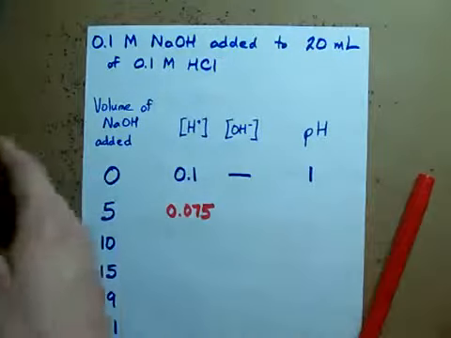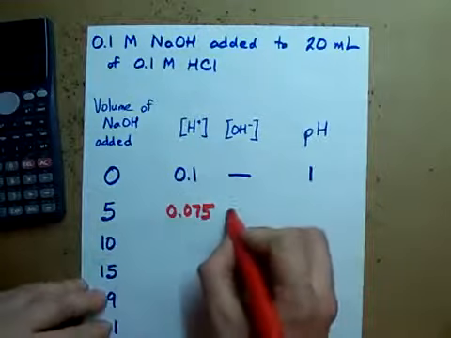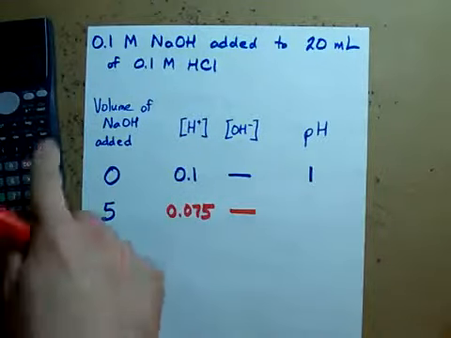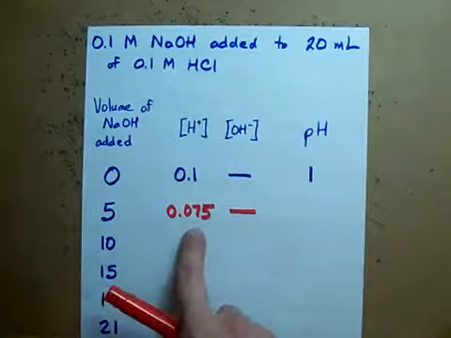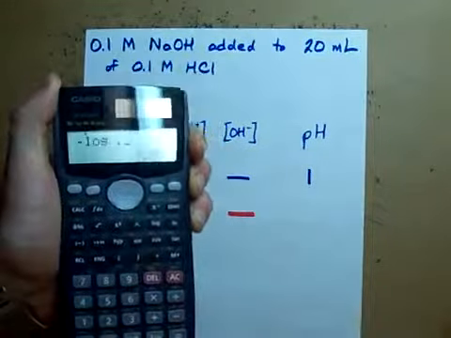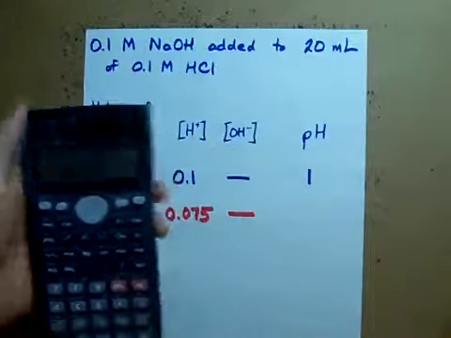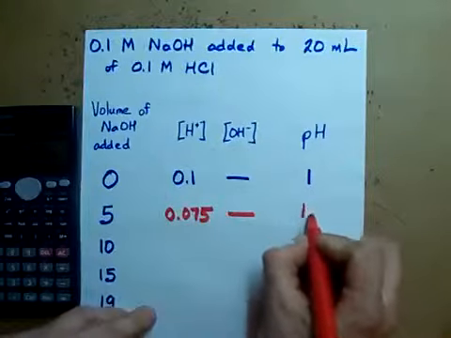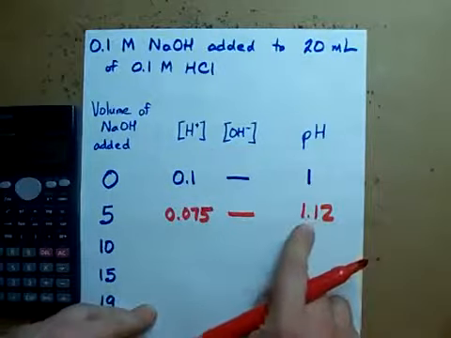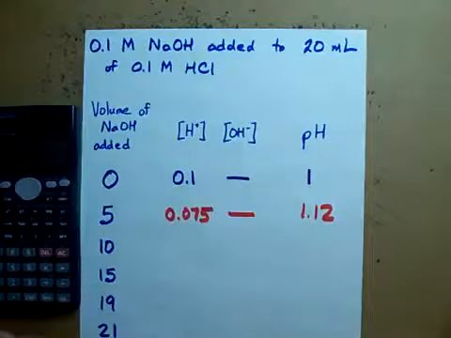See where the 1/4 comes in there? Because my H plus concentration is so high, I still don't have OH minus, and the pH of my solution is negative log 0.075. My pH is 1.12. That makes sense. My pH rose when I added some base.